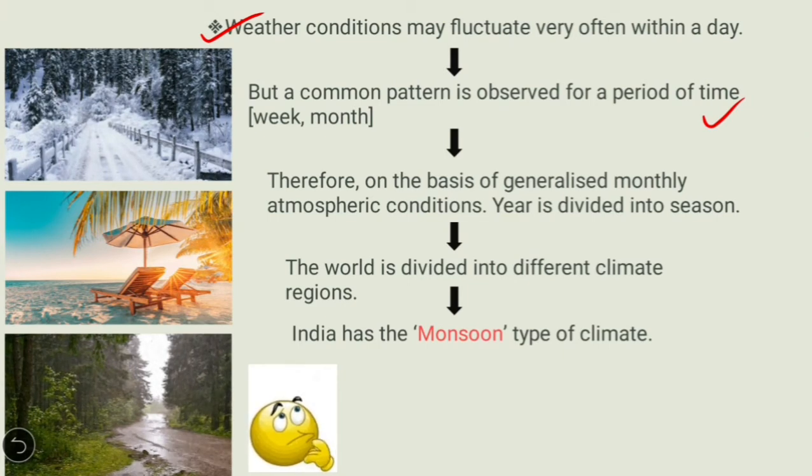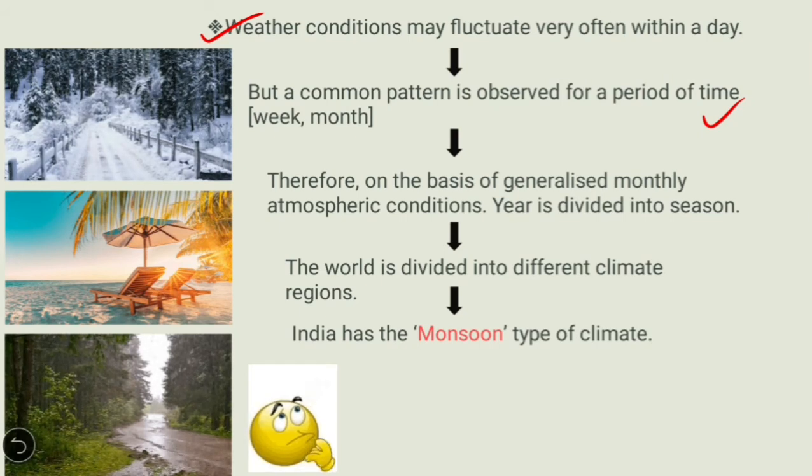If we take the example of winters, they start nearly in November and December and last till March and April. Within these months, we will observe a common pattern. The temperature will decrease and increase, but a common pattern we will observe for a period of weeks or months.